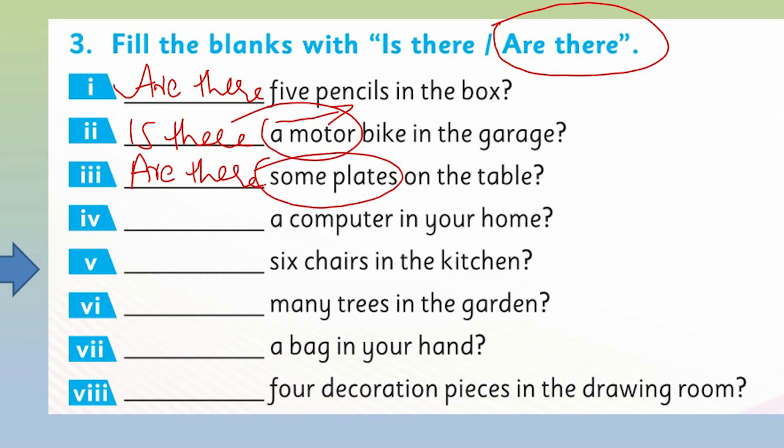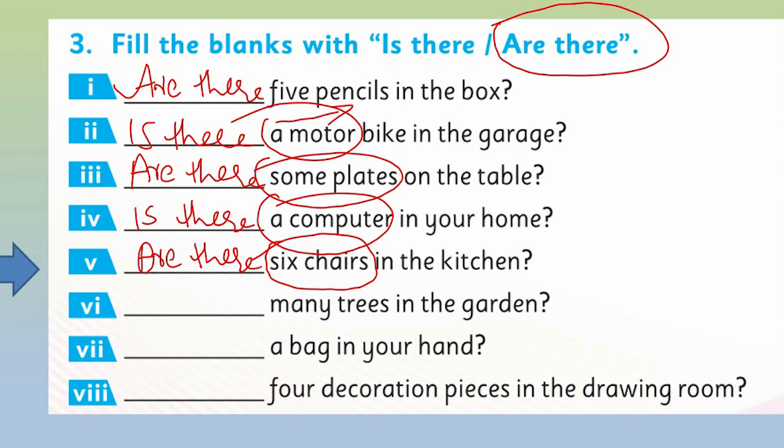Okay, the fourth one, a computer in your home. Yes, a computer, one item. We'll choose is there. Fifth one, 6 chairs in the kitchen. More than one, specific number 6 chairs. So we will choose are there.